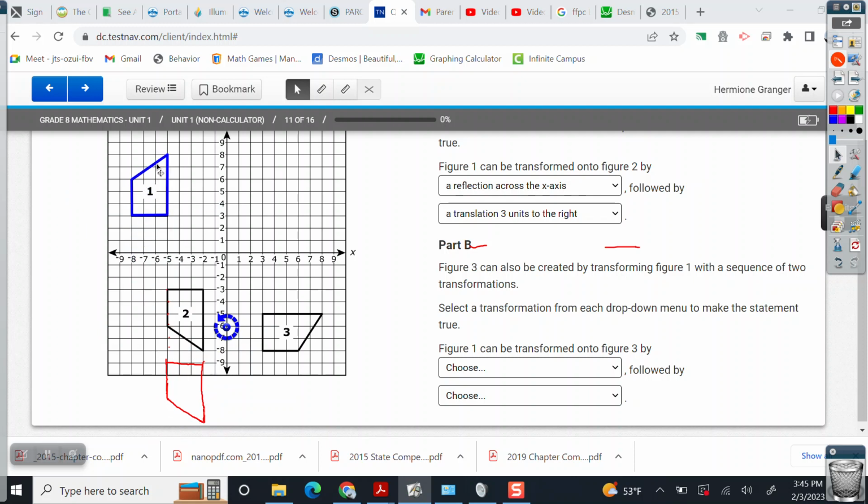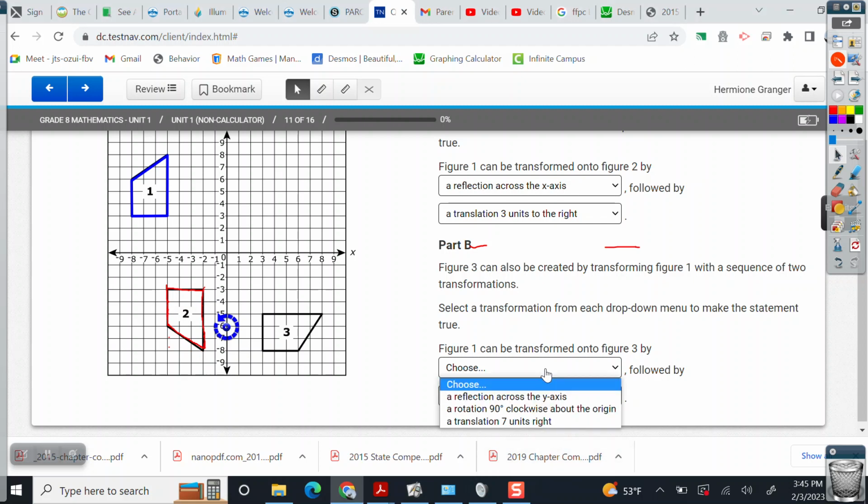All right, so part 2, we're going to use figure 1 again, and we are going to turn it into figure 3. And we're going to go through the same sort of work we did before. So the first has a reflection over the y-axis. If I reflect 1 over the y-axis, I'm going to get a shape that is at 5, 3.